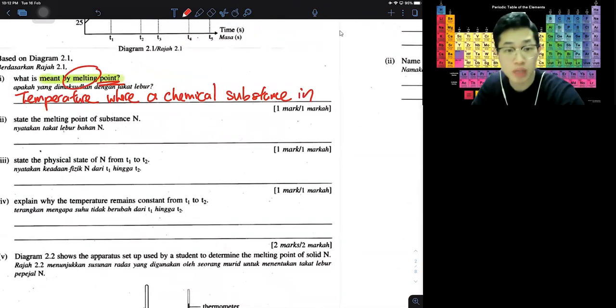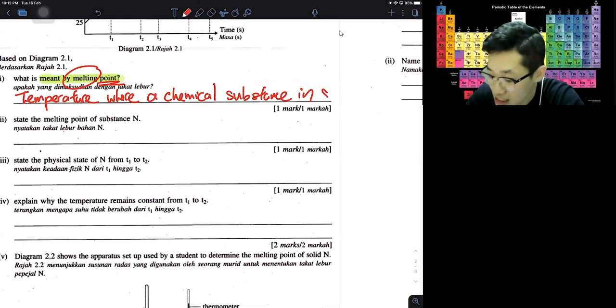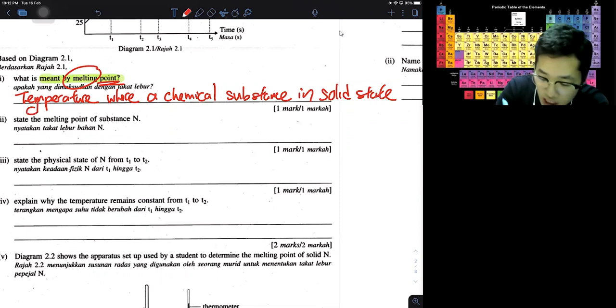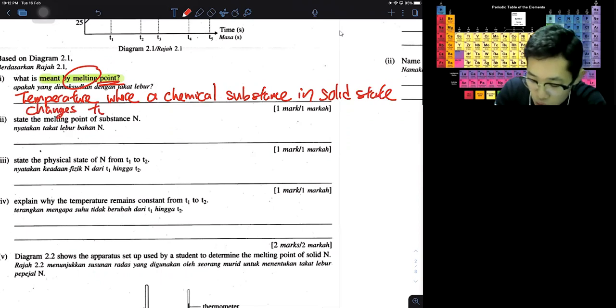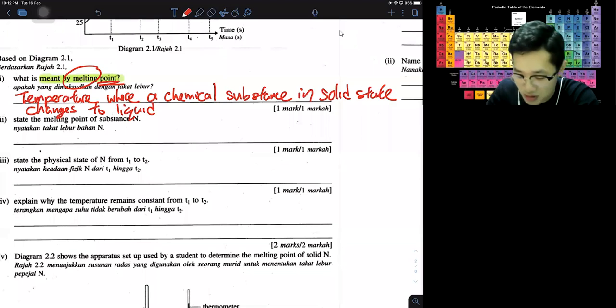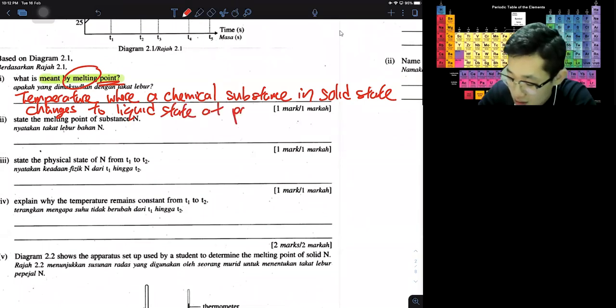Melt means solid to liquid. A chemical substance in a solid state changes to liquid state at a particular pressure. Anything wrong with my grammar, you correct it yourself, okay?